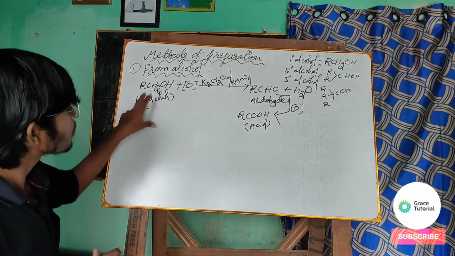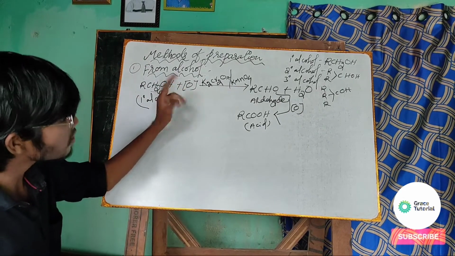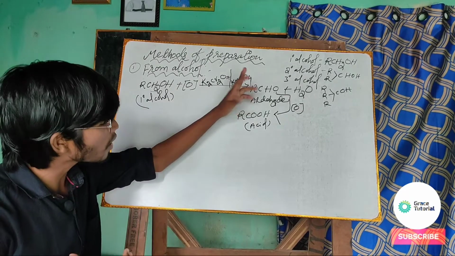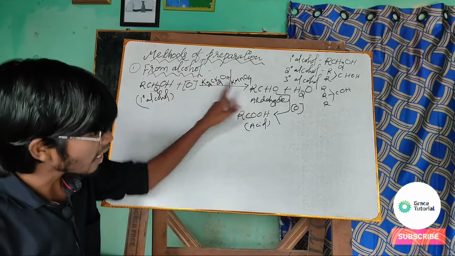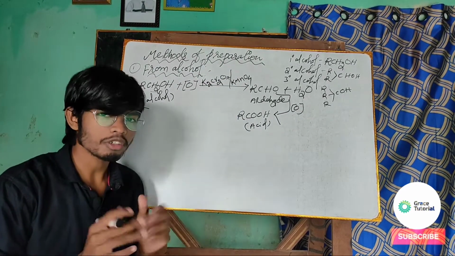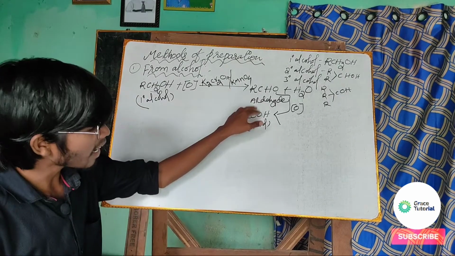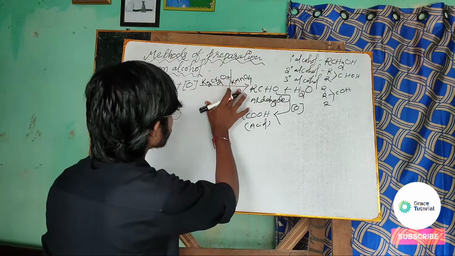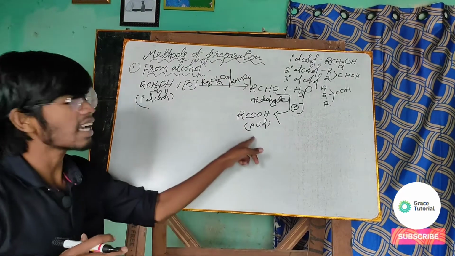Step number one, the primary alcohol gets oxidized in the presence of oxidizing agents like potassium dichromate or potassium permanganate, and it gives aldehyde with the liberation of a water molecule. And if that aldehyde again gets oxidized in the presence of the same, potassium dichromate or KMnO4, then we get acid.